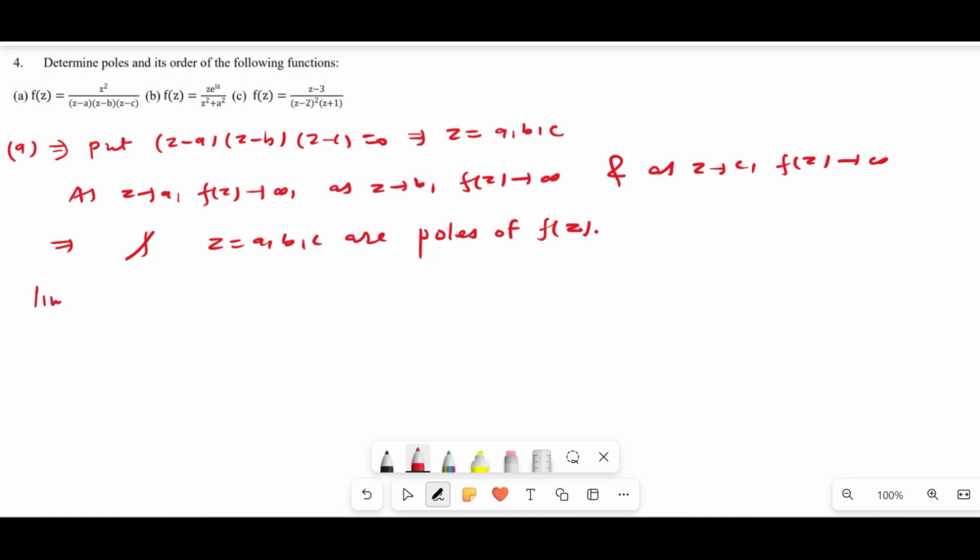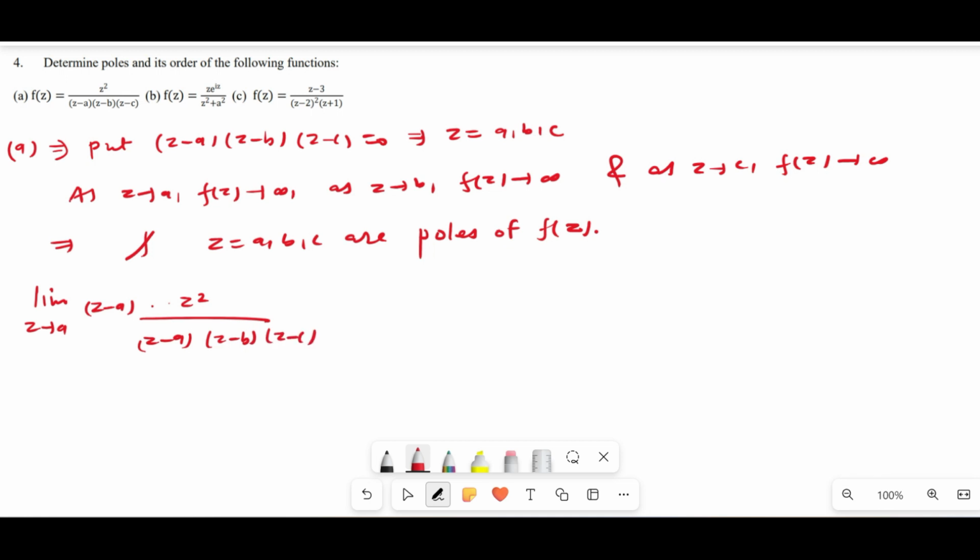So now the limit z tending to a, z negative a times the function z square over z negative a, z negative b, and z negative c.